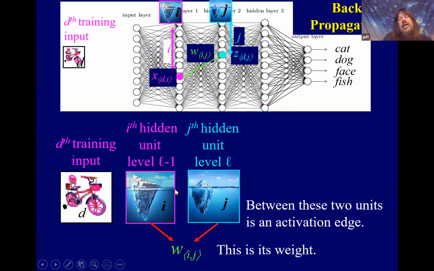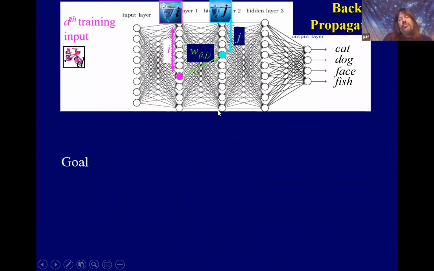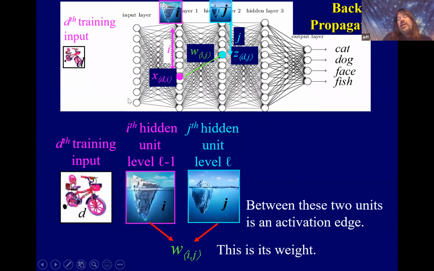Then for every I here and every J here, there's an edge, and that edge has some weight, Wij. These are all the numbers that we need. And where did we get them? When we did forward propagation, we stored all these numbers in matrices, and we remembered them all.